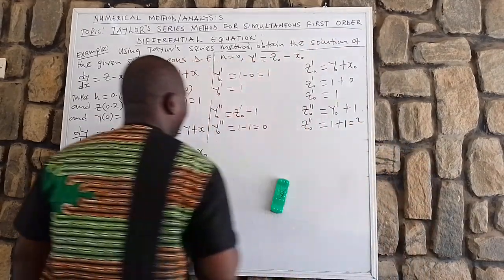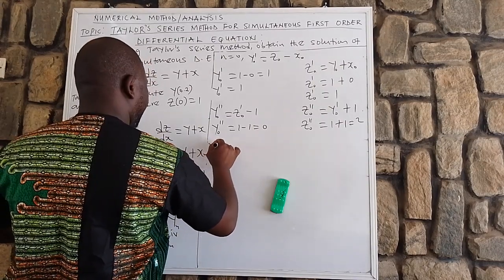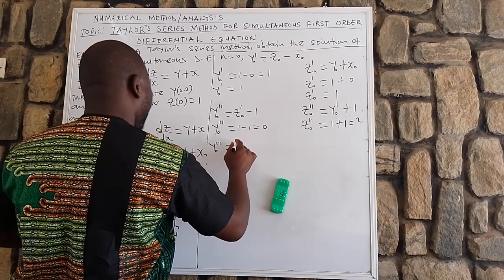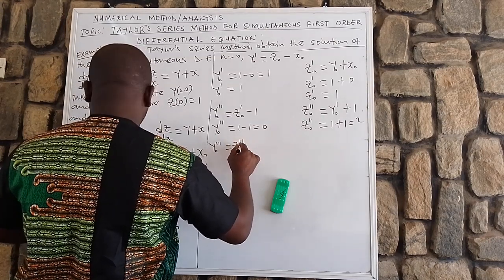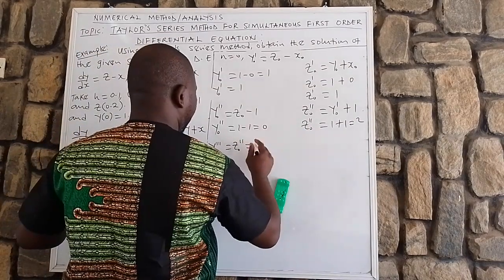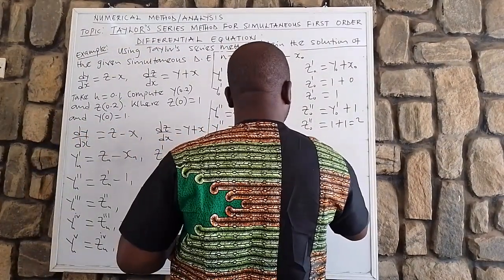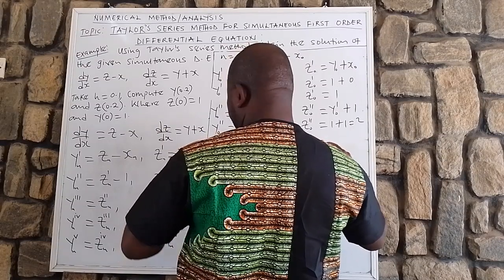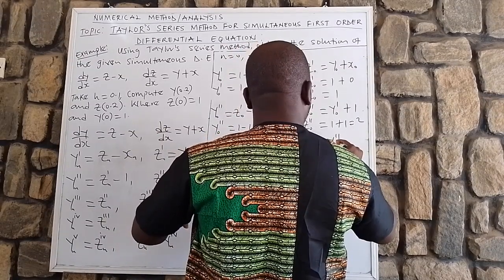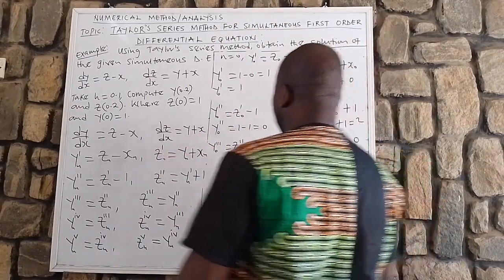So take note. Then y prime naught is equal to z prime naught. What is z prime? Z prime is 2. Then z prime naught is equal to y prime naught. What is y prime naught? It is 0.